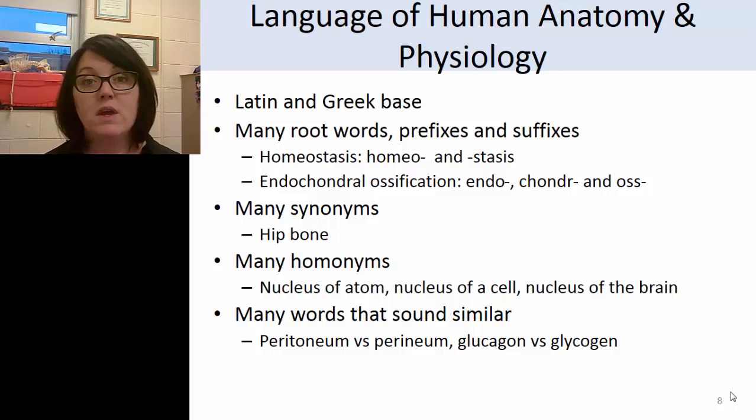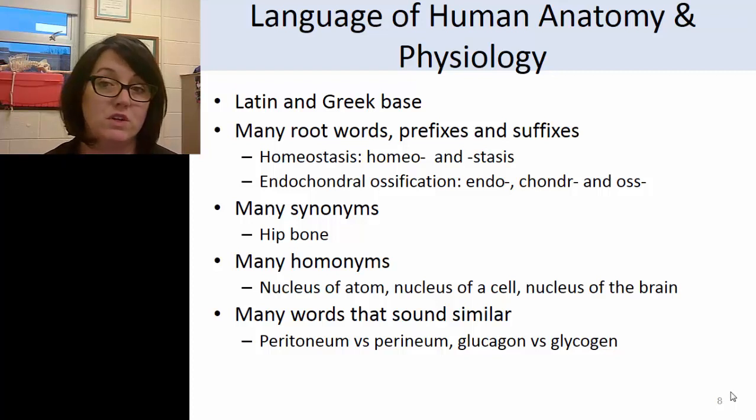Homeostasis is all about maintaining the same conditions inside the human body despite the variations that are occurring in the internal and external environment. And here's another one, endochondral ossification, right? Crazy sounding word. But if we break it down into its word parts, we can kind of figure it out. Endo means inside, chondro means cartilage, and os means bone.